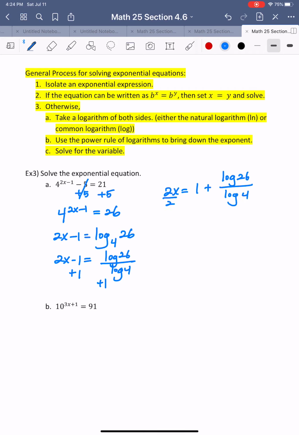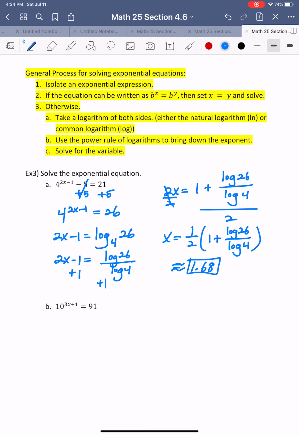Divide by 2, so x equals 1/2 of 1 plus log of 26 over log of 4. As an expression you can simplify, but we can just compute using a calculator. So 1 plus log of 26 divided by log of 4, and I got about 1.68. It's an approximation, okay?